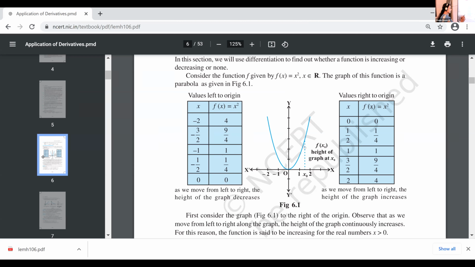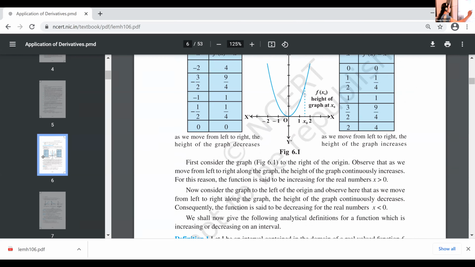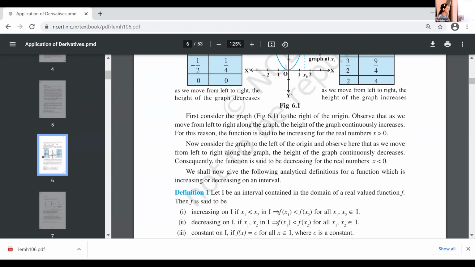But on the other side, it is increasing. So in some places it is increasing and in some places it is decreasing. So what is the definition? Write down the definition, children.